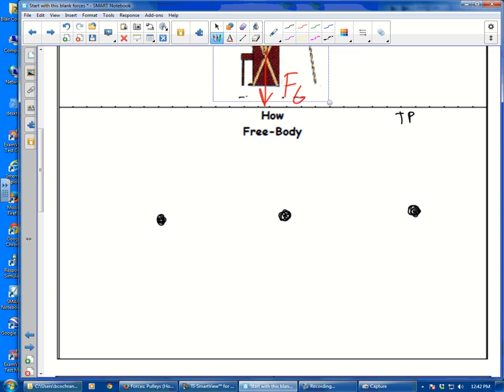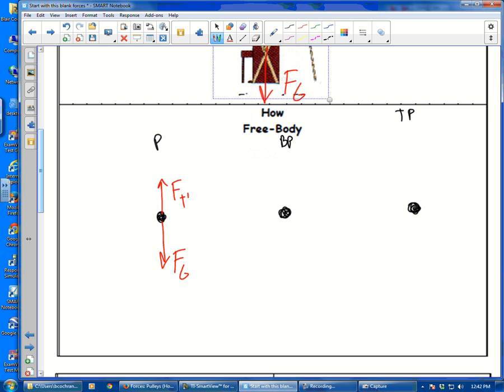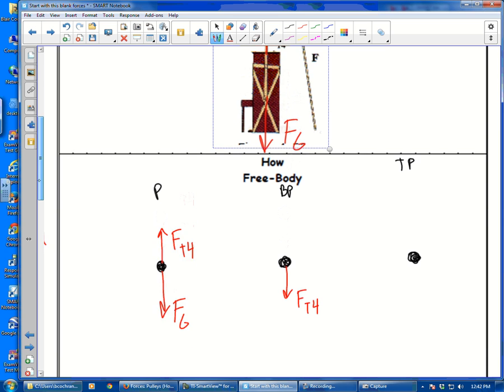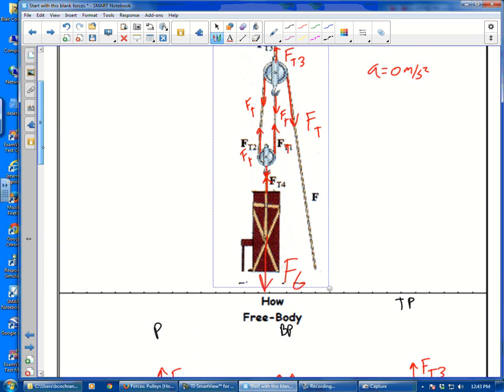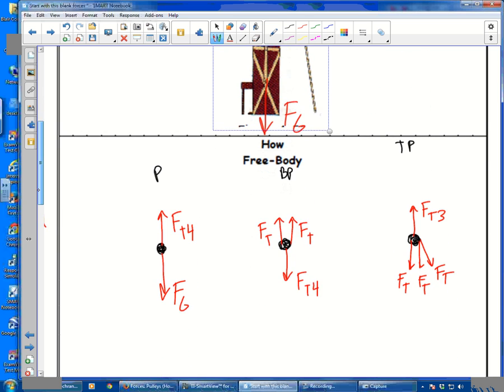So top pulley, bottom pulley, piano. Yep, that should do it.